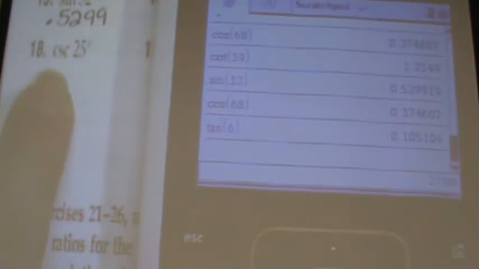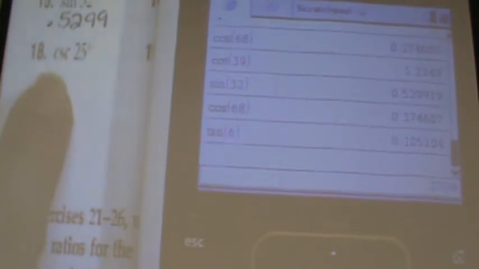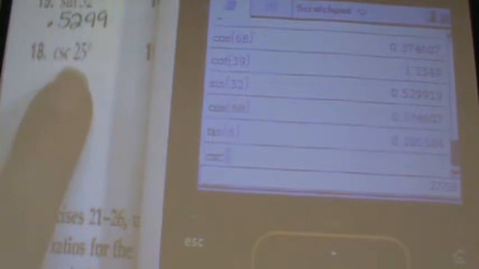Cosecant. Now, if you're lucky to have this calculator, you've got a cosecant key right there. Cosecant 25, and I got 2.3662.